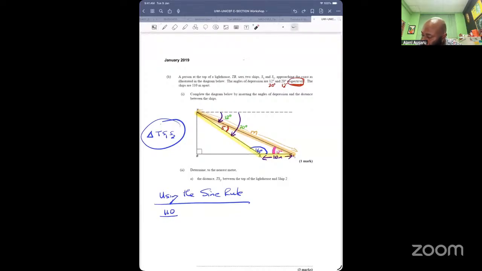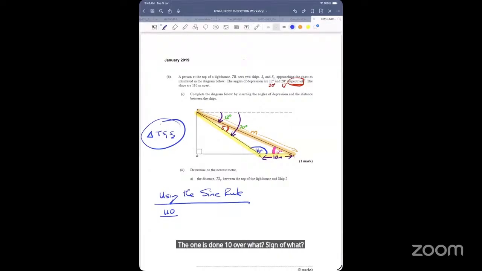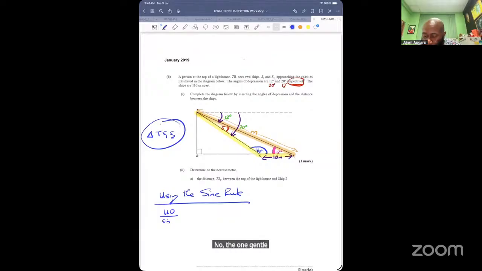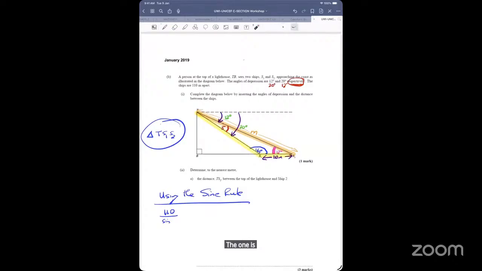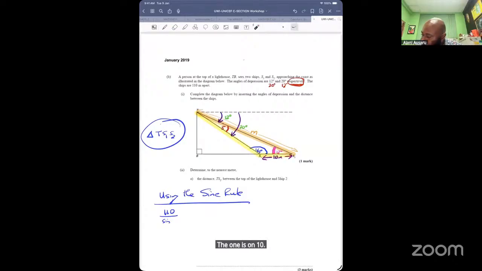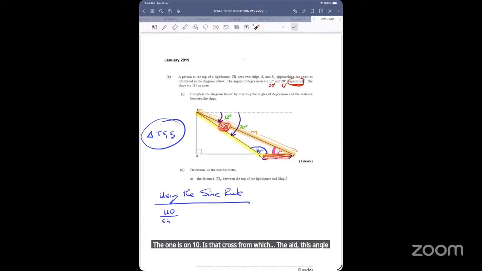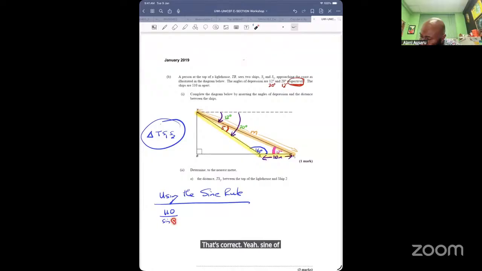Remember, I'm using this triangle that I've colored, T, S1, S2. The 110 is across from which angle? This angle, the 8. So 110 over sine of 8 degrees.